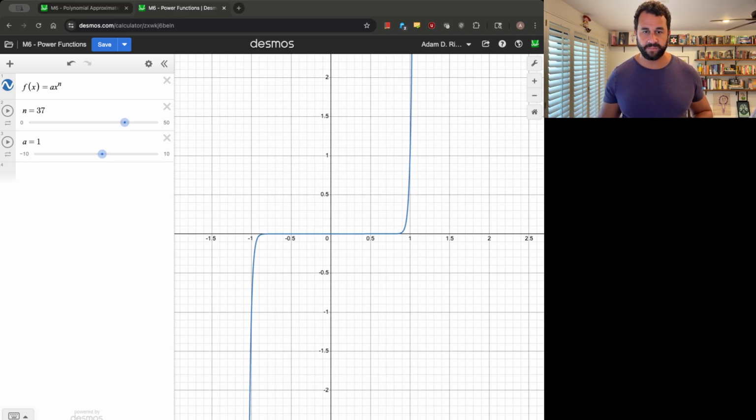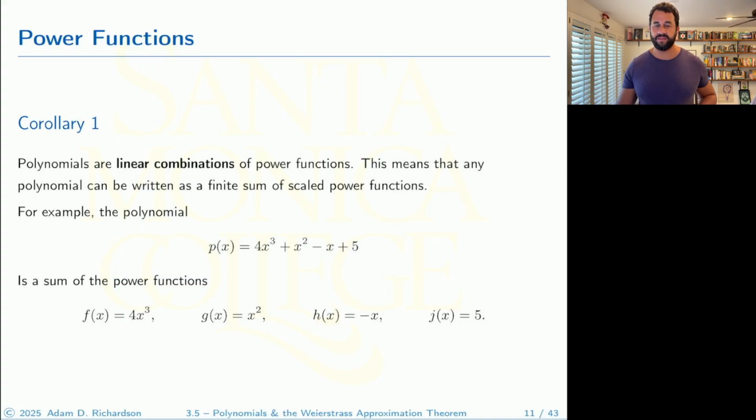Now, as a corollary, polynomials are what we call linear combinations of power functions. You can imagine adding up a bunch of graphs that look like this, and when you do that, you get a polynomial. That's one of the reasons we studied the graphical arithmetic that we did back in chapter 2 when we were working with functions.